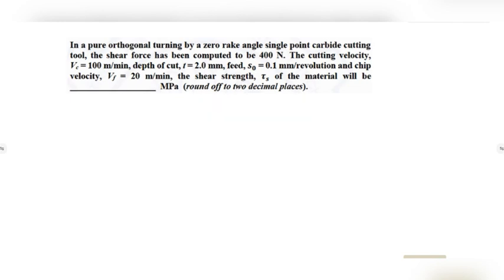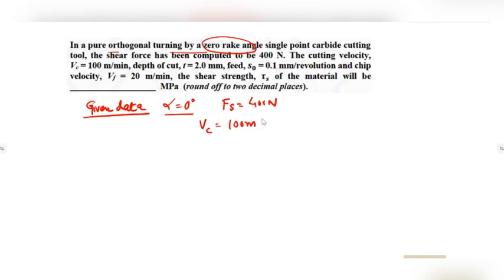Reading this problem, in a pure orthogonal cutting turning with a zero rake angle, so here we have been given alpha as 0 degree. Single point cutting tool, the shear force has been computed to be Fs is 400 Newton. So we have the given data. The cutting velocity Vc is 100 meters per minute.